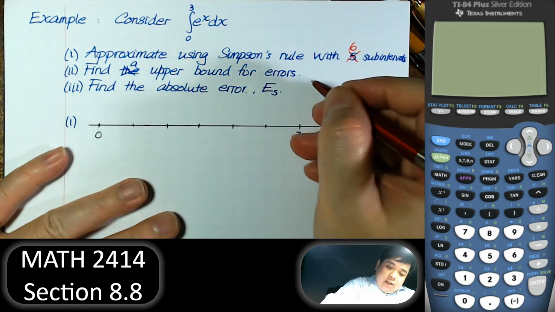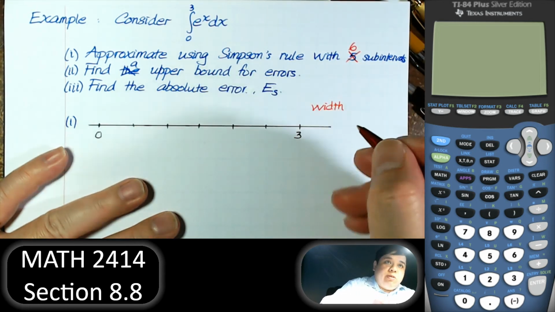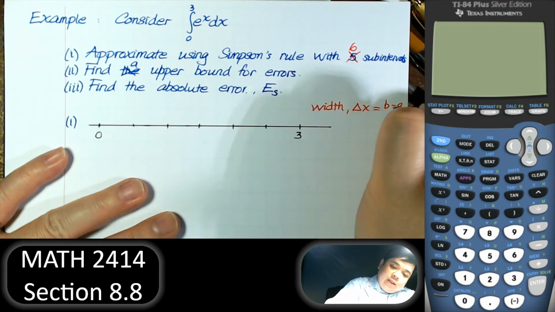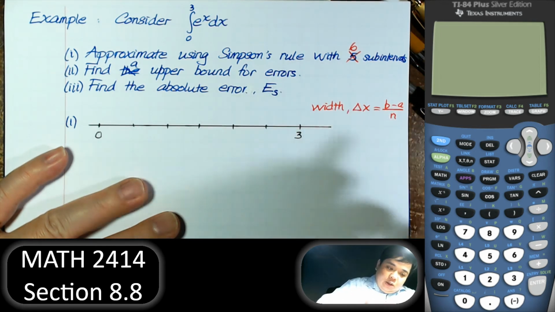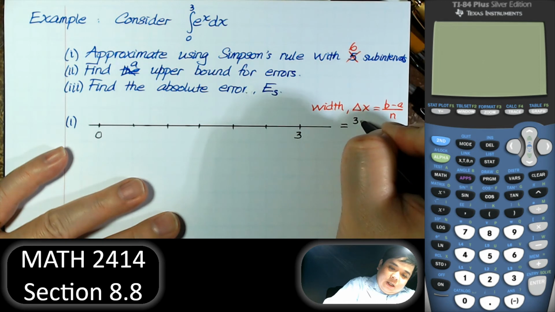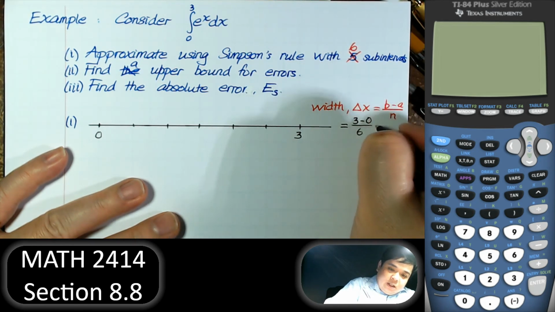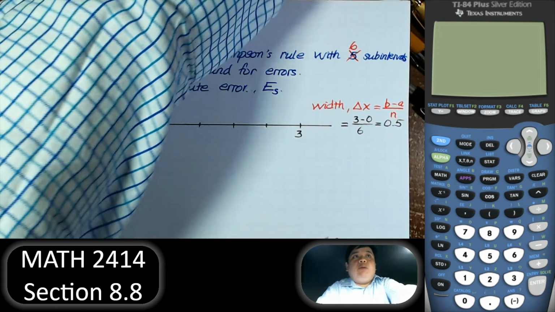The first thing, always, is to find the width first. Delta x equals b minus a divided by n. So what we have is 3 minus 0 divided by 6. We have 0.5.